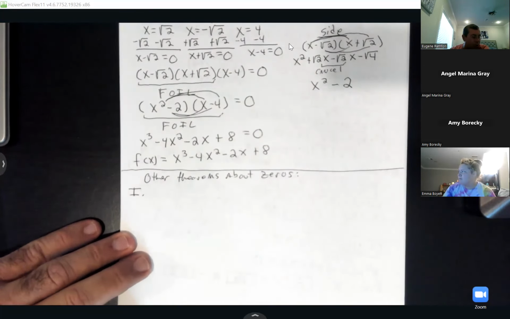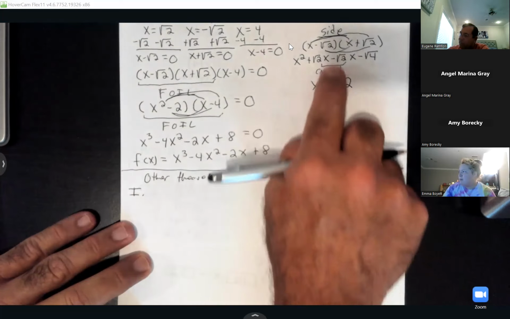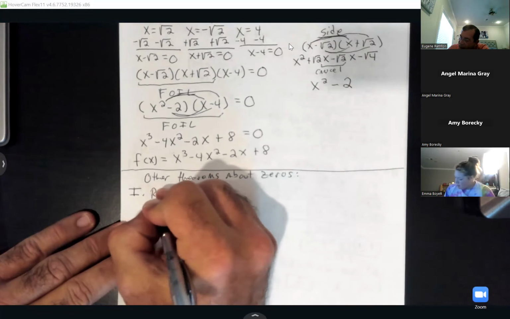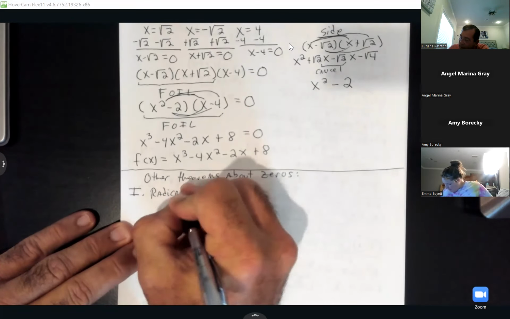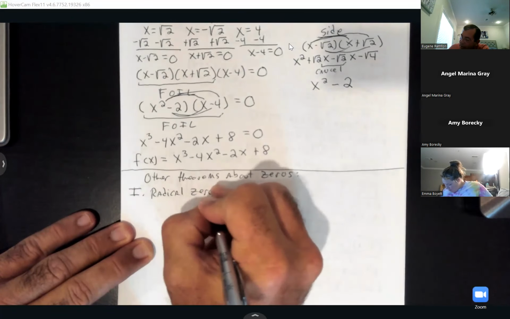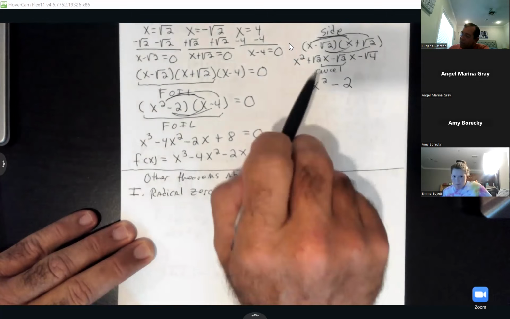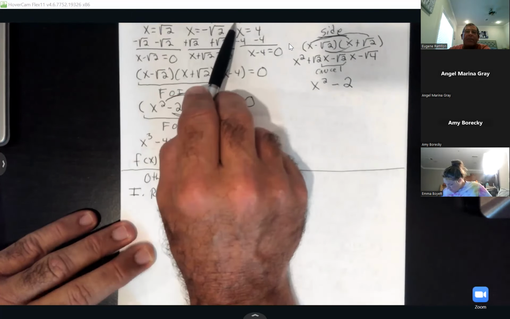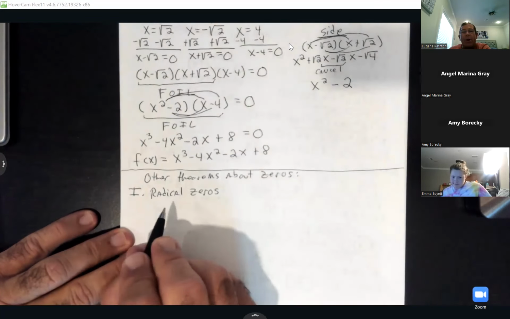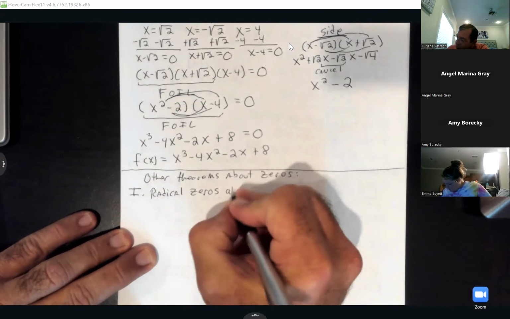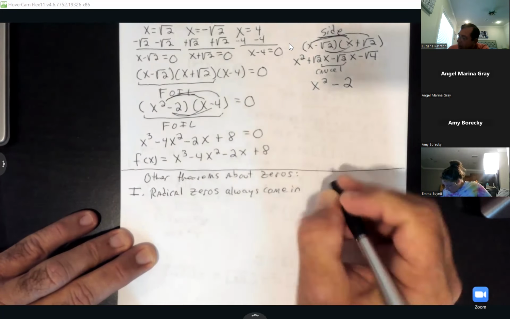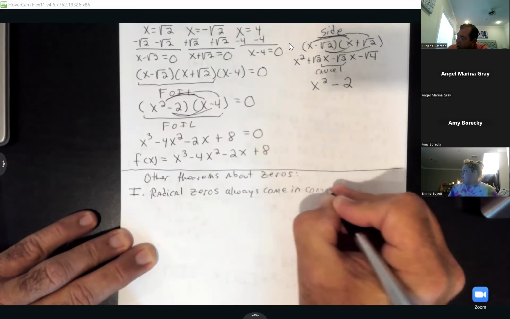Well, the first one deals with these radicals. So this one says radical zeros. So radical zeros will be like this square root of 2 they gave me a while ago, and this negative square root of 2 they gave me. But y'all, radical zeros always come in conjugate pairs.